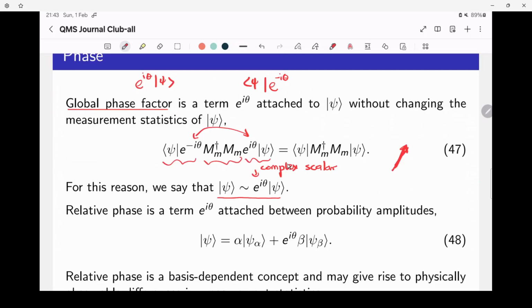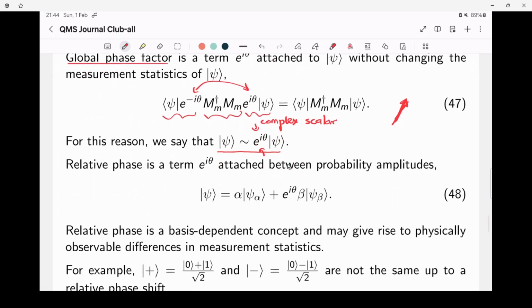It doesn't add to the length of your vectors and it doesn't change the direction of your vectors. Because of this equivalence, we usually say that the real quantum states are the rays inside the complex vector space. So you can factor out one of these complex numbers, and it will still give you the same quantum state.